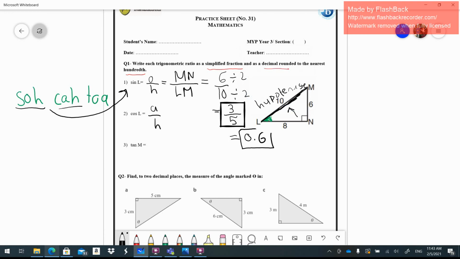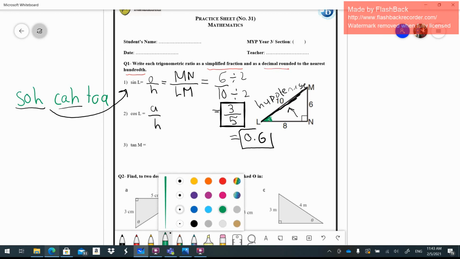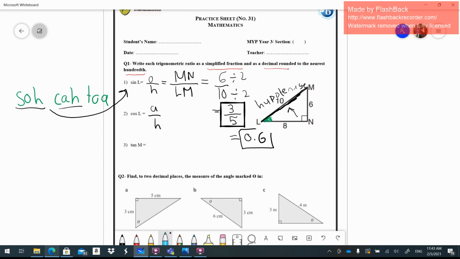which is LM. But now what is the adjacent side? Remember that adjacent means near or close to, and the adjacent side is going to touch the angle. Therefore, the adjacent side is LN. So it's LN over LM, which is equal to 8 over 10.